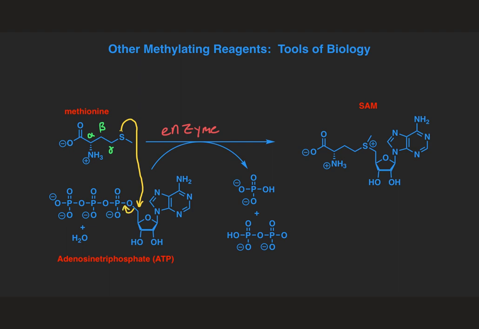That forms this sulfur carbon bond and kicks off some phosphate, this diphosphate group and this monophosphate group. And the cleavage of this monophosphate group is likely what provides the energy to form this high energy SAM intermediate. And this SAM intermediate is what gets used to methylate a variety of biocompounds.